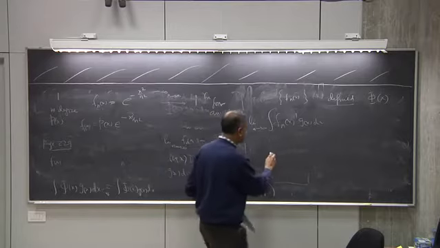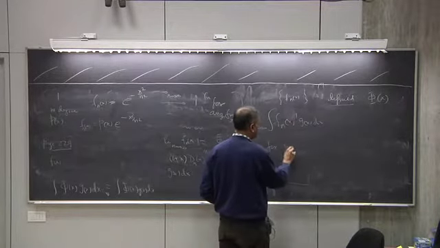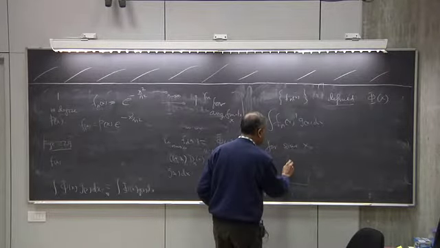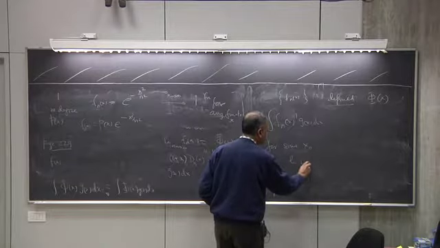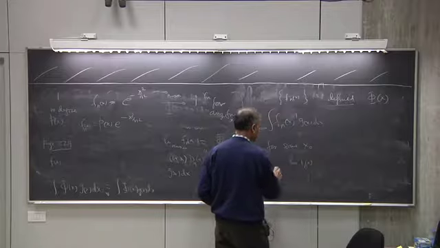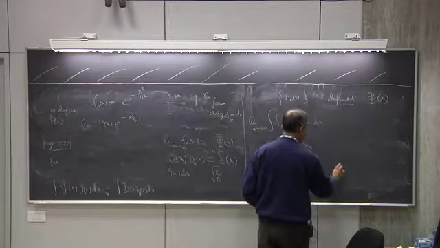But now suppose that for some x naught, it happens that the limit of f_n(x) itself exists, n going to infinity.